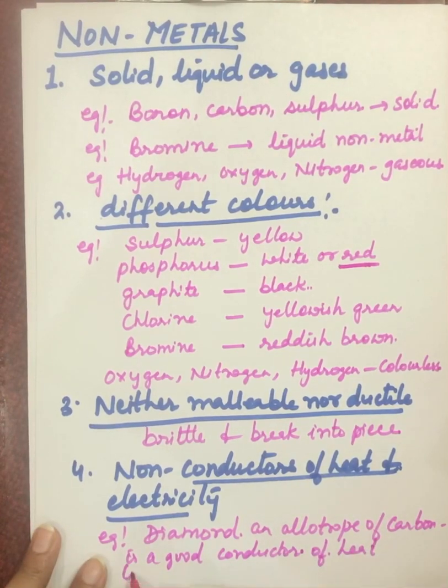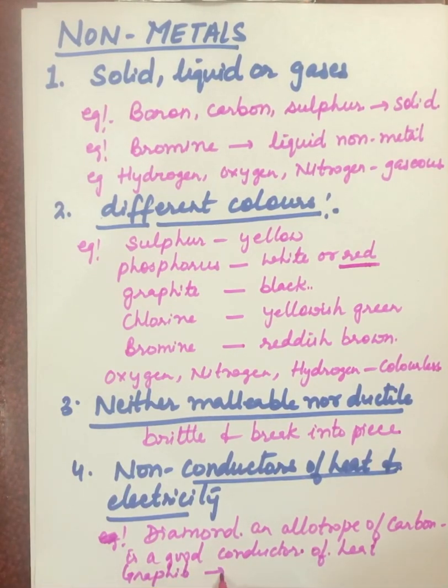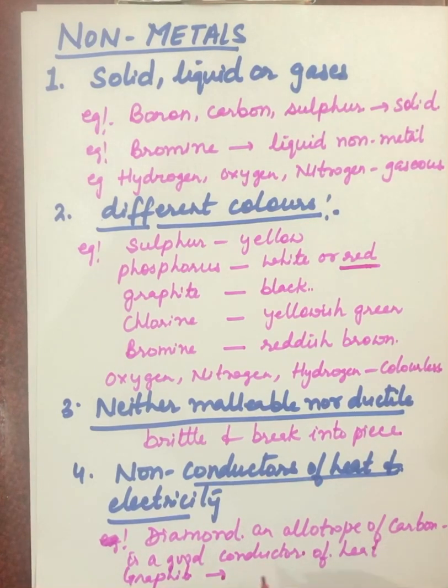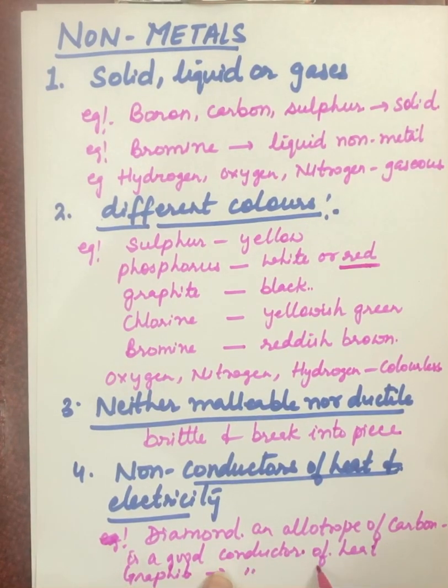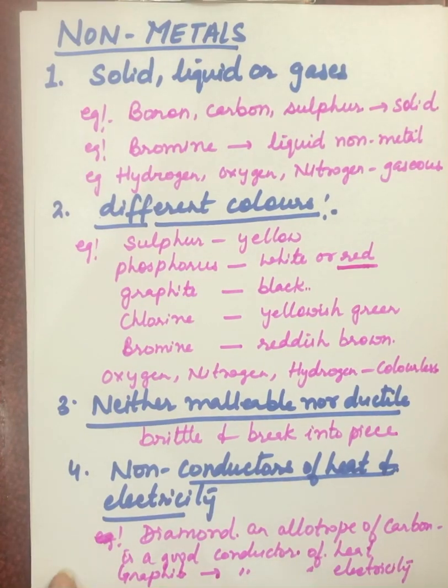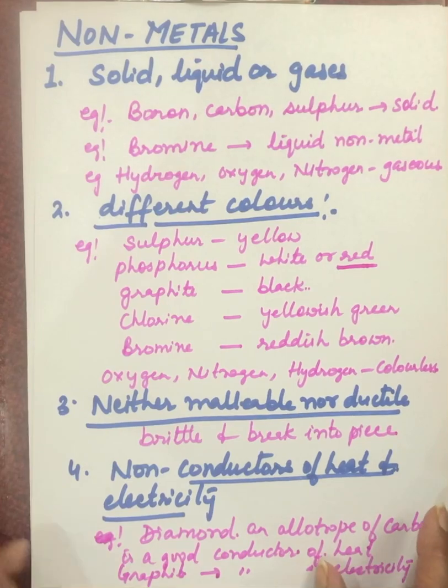And graphite, not example, exception only. Graphite is also an allotrope of carbon, and this is a good conductor of electricity. These two are exceptions in non-metals. So that is why graphite is used for making electrodes of batteries and dry cells.